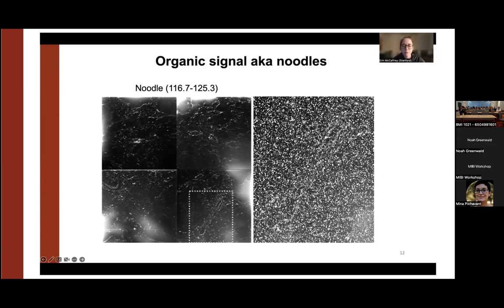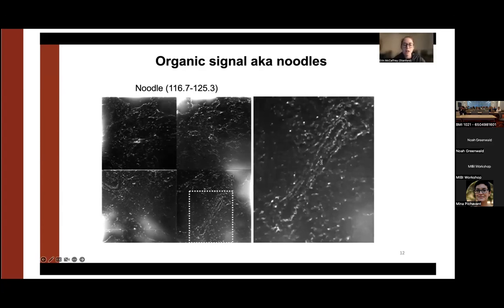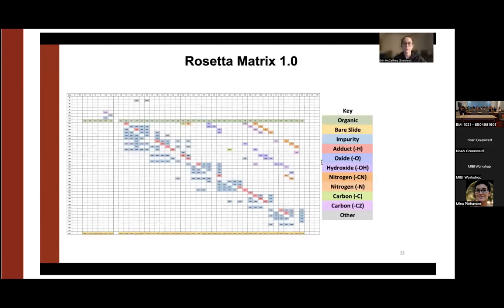If I zoom in on an example here, you can see once again that it's picking up this organic signal that's deposited along this topography or impression of the tissue. In the next talk today, Hadeesha is going to share with you how you might use our lab's pipelines for modifying the noodle channel and its coefficients for your particular applications.